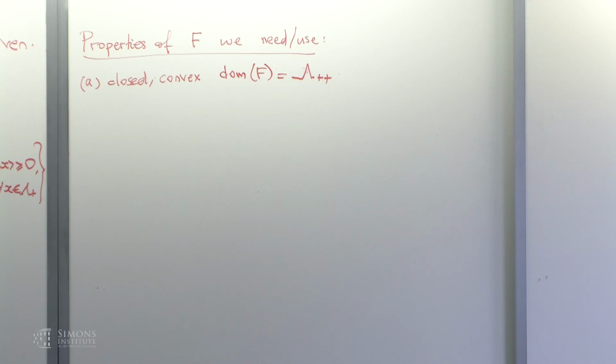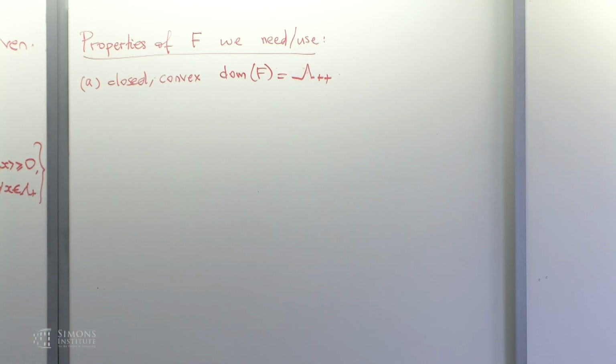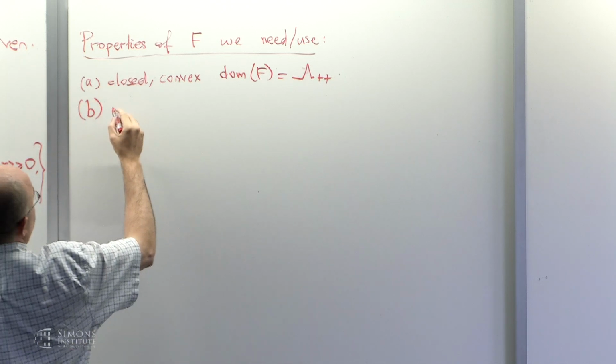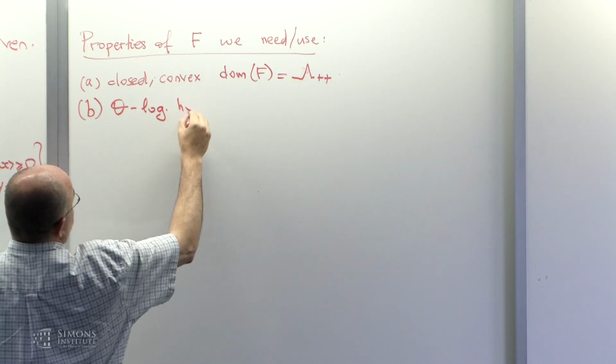And then you see that this indeed tends to plus infinity. So it has got this nice barrier property. Okay. So this is really a minimum requirement in interior point methods to have your function formulate your set. So the second property I want is theta logarithmic homogeneity.